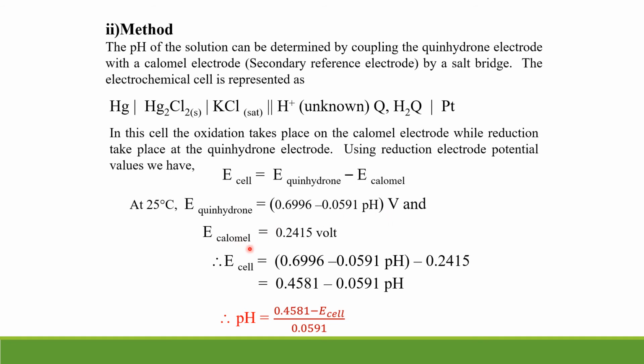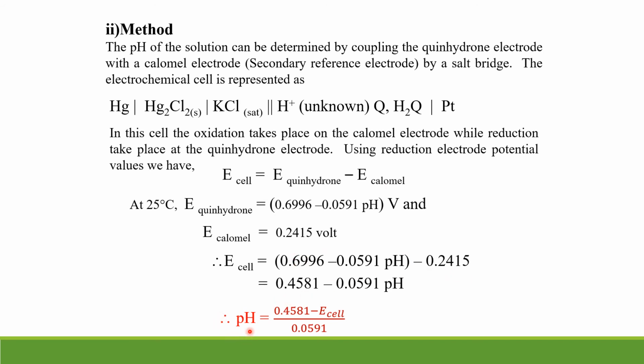And the EMF of calomel at 25 degrees centigrade is 0.2415 volts. If you substitute both these values, the EMF of the complete electrochemical cell is equal to 0.6996 minus 0.0591 pH minus 0.2415.